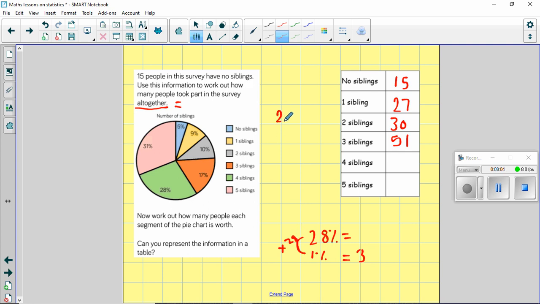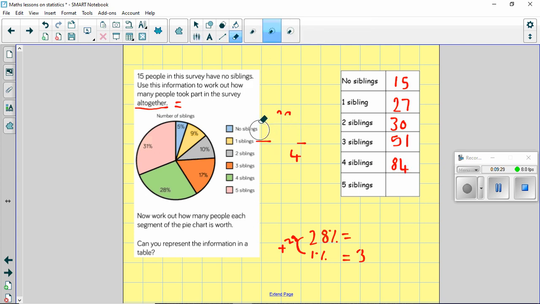So I can do 28 times by 3. 3 times 8, 8, 16, 24. 4 there, a little 2 there. 3 times 2 is 6, add 2 is 8. So 84 children had 4 siblings.